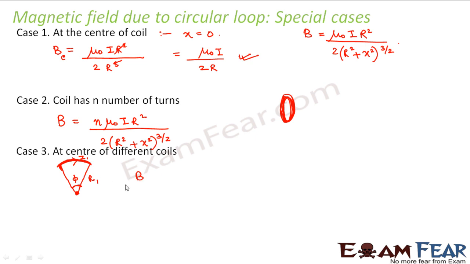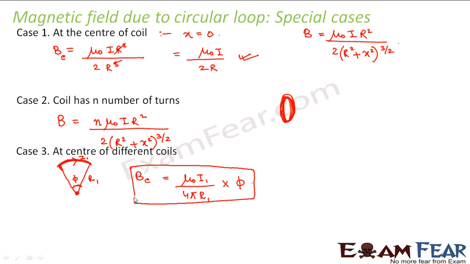Now, the magnetic field at the center will be equal to mu naught I1 divided by 4 pi R1 into phi. So this would be the magnetic field at the center of the coil.